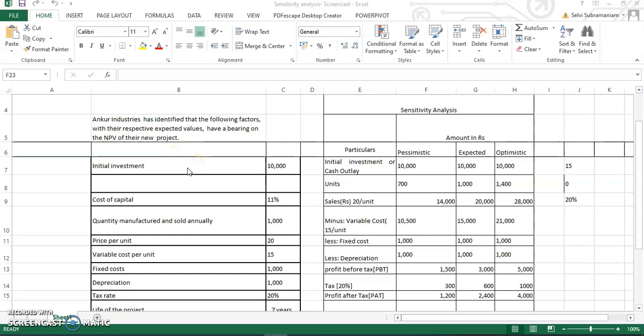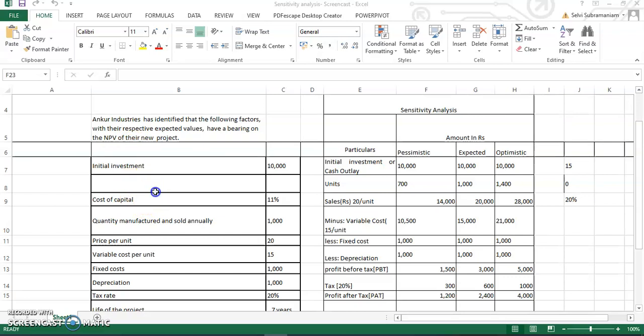The question is like this: Ankur Industries has identified that the following factors with the respective expected values have a bearing on the NPV of their new project. So we should see what kind of data this is.